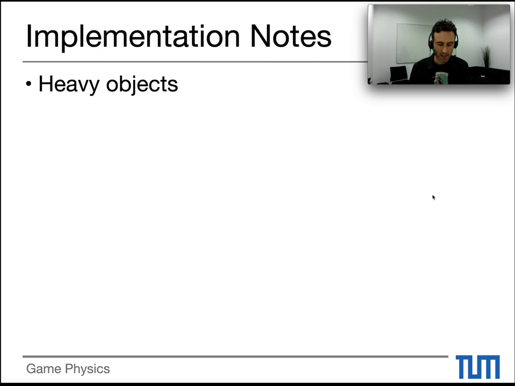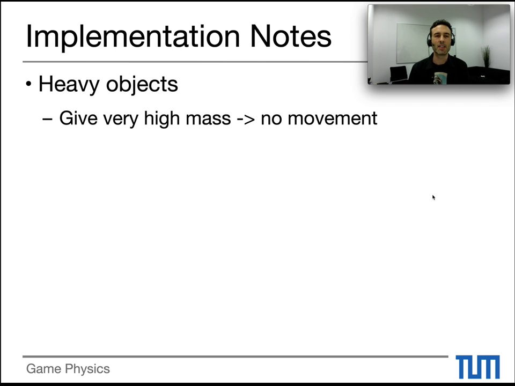Another note on heavy objects, heavy meaning in this case typically infinitely heavy. If we have objects that essentially don't participate in the simulation, that are static, like a wall of my room or so, theoretically it has a mass. I could incorporate it, but it's a huge mass. It would need a very large force to move a wall like this.